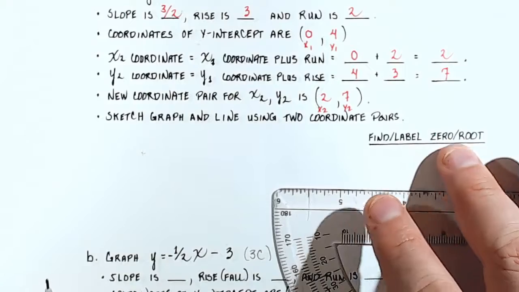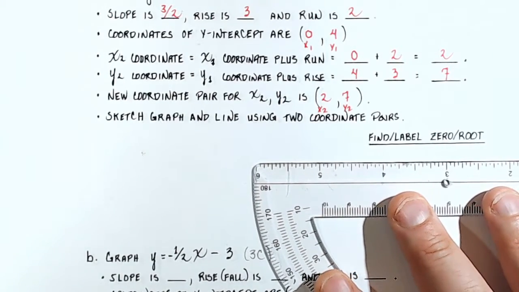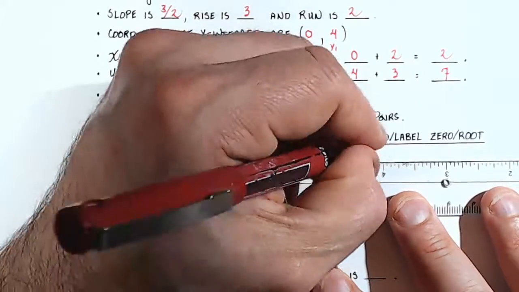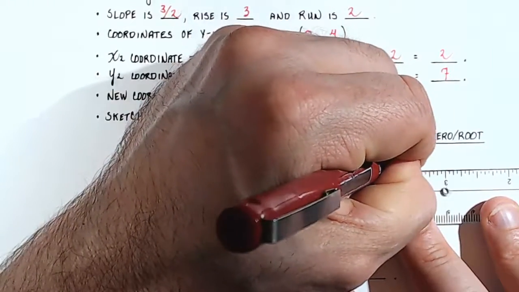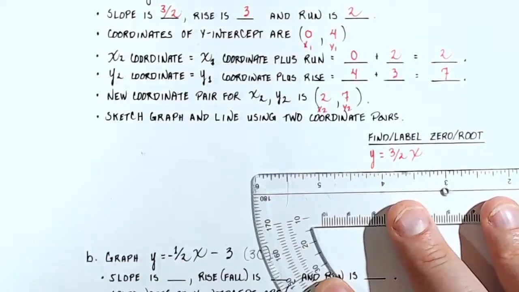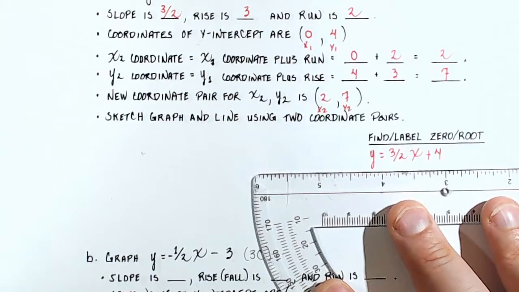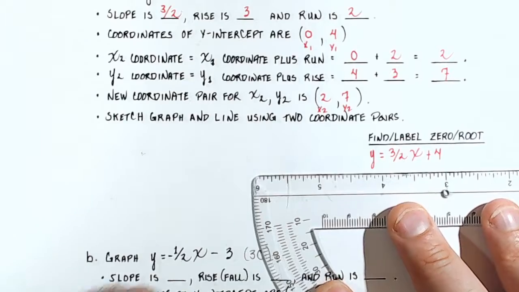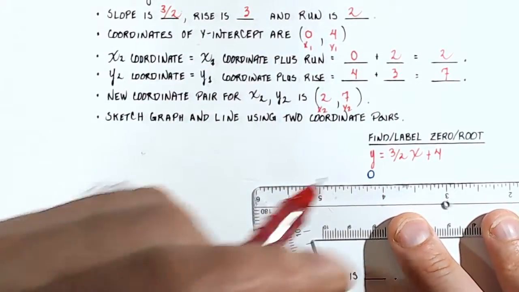So it says find label 0 or root, and that's the x-intercept. And what we do is we write the equation here, y equals the equation we were given, y equals 3 over 2 x plus 4, and we assign a 0 to the y, and then we solve for x.